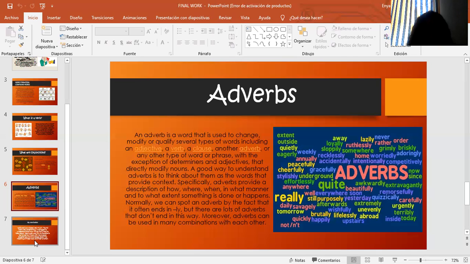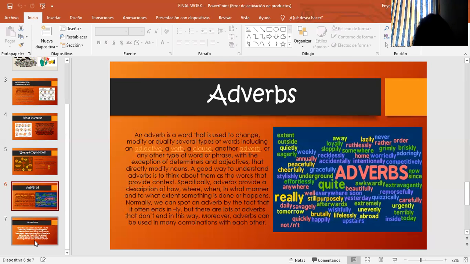As you have seen, adverbs can appear in different positions in a sentence. However, there are some rules that help us decide where an adverb should be positioned. And we have the order of adverbs.